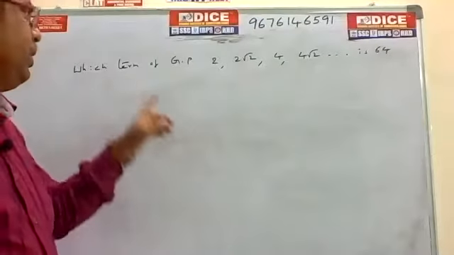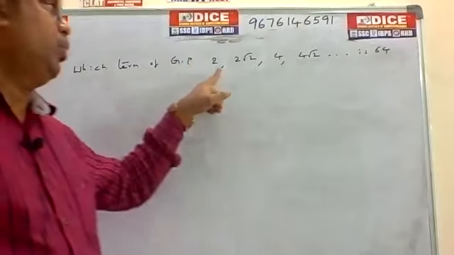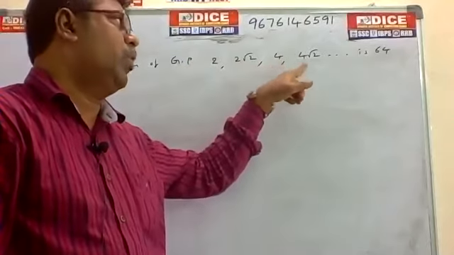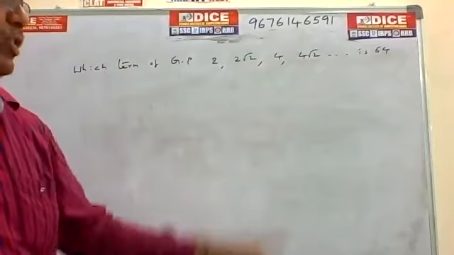The question is like this: which term of the GP 2, 2 into root 2, 4, 4 into root 2, and so on is 64? We will find the n value.